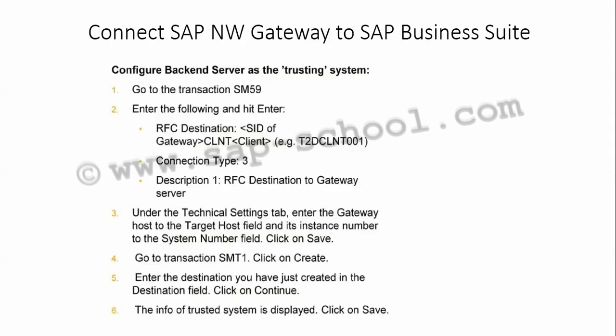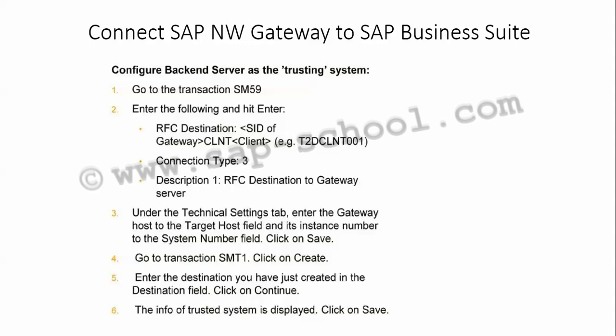So we must define a trust relationship between our SAP system and the SAP NetWeaver Gateway host by configuring the SAP system to be the trusting system and the SAP NetWeaver Gateway host to be the trusted system. By doing so, we enable remote logon for the users who use the same user data in both the SAP NetWeaver Gateway host and the SAP system. So there is an overview of the sequence for establishing the trust in our system landscape.